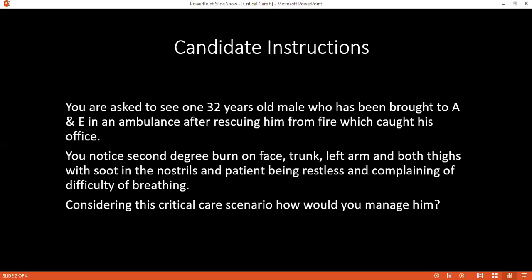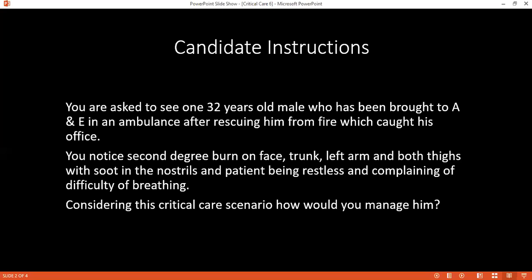So here, if it is 70 kg average, then 35 into 2, it's around 7 liters. Okay. So here I will divide it into two parts. The first half I will give in the first 8 hours, then the rest 50% in the next 16 hours.